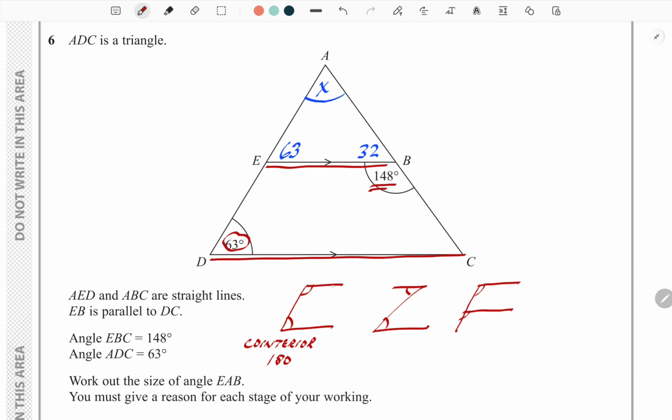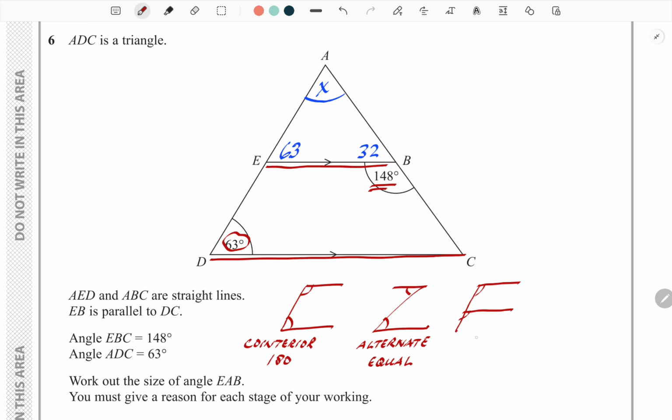So the insides of that C shape, inside corners. Now the next one is the Z shape, and that is alternate. Alternate angles are equal. So basically the corners of the Z, given that these straight horizontal lines are parallel.